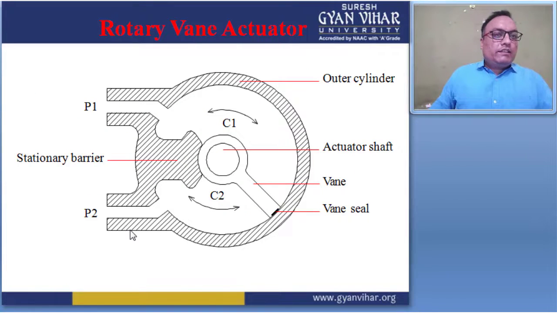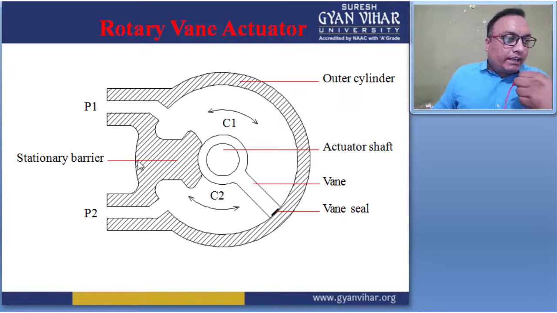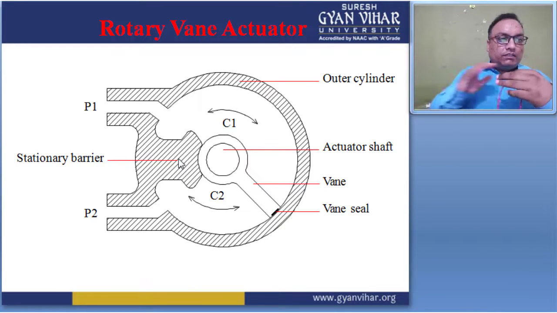This is one type of rotary vane actuator which provides a 270-degree action. This is the vane seal, this is the actuator shaft, this is the outer section of the cylinder, and this is the secondary barrier, which gives the partition between the two pressurization liquids.